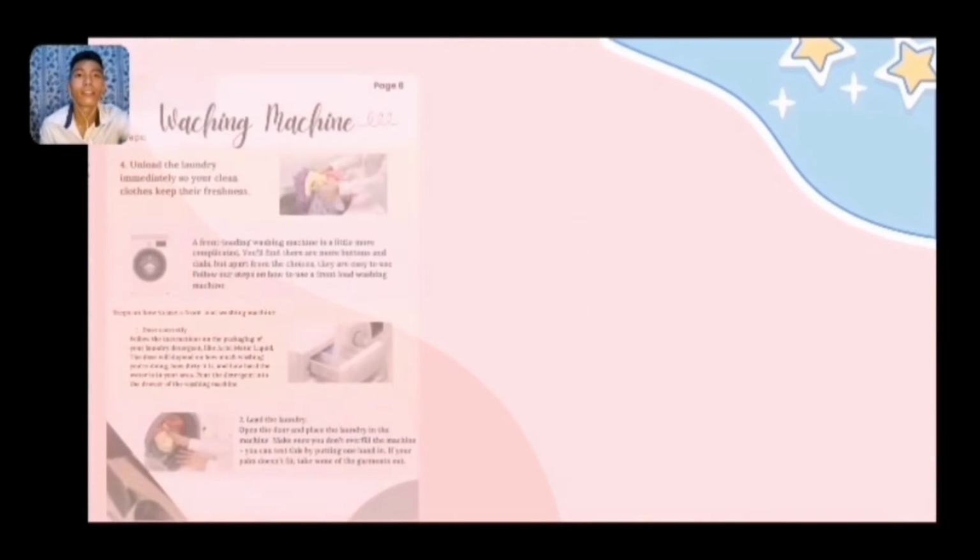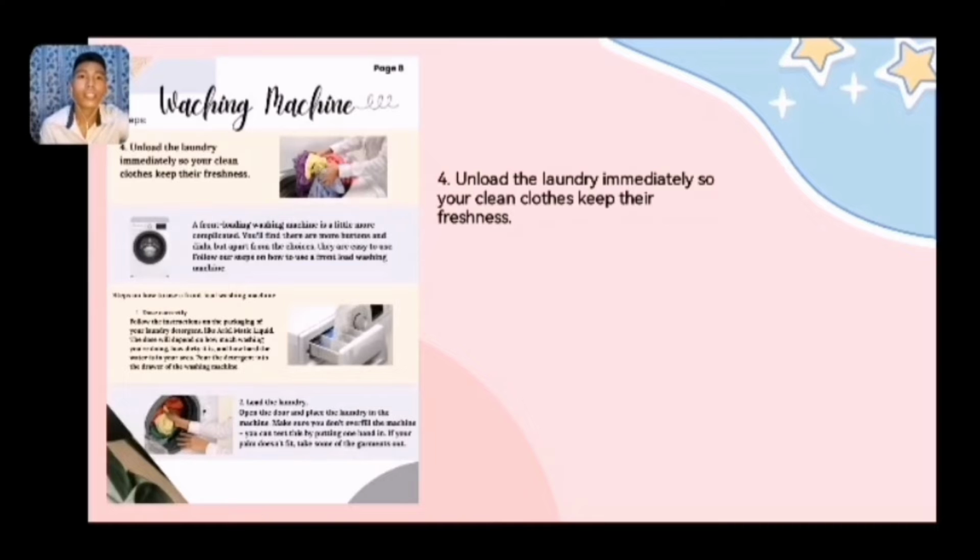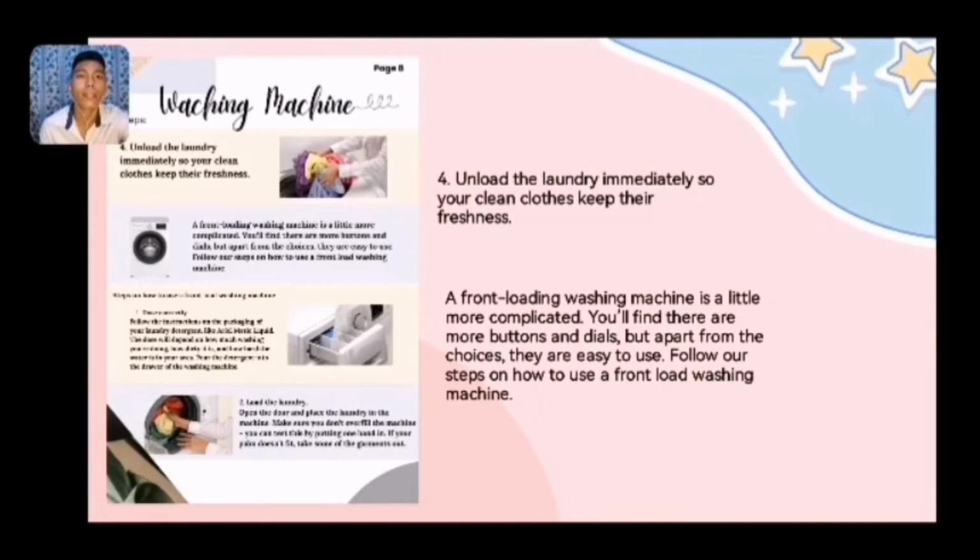And the fourth step is unload the laundry immediately so your clean clothes keep their freshness. So kwaon na nimo kung human na ang paglaba, tingog mo sa alarm nga human na siya. Ang kasagaran sa mga fully automatic washing machine is naay dryer.